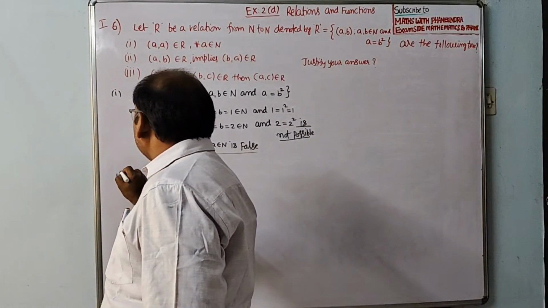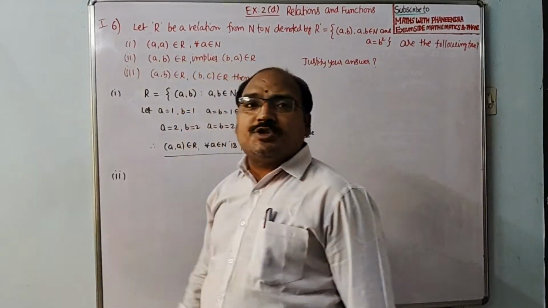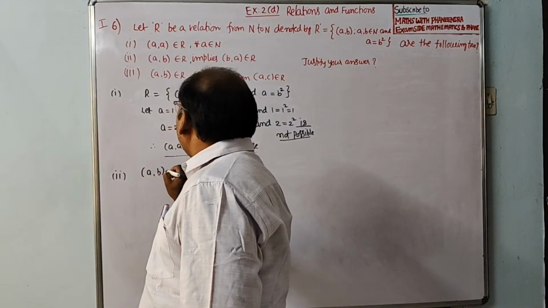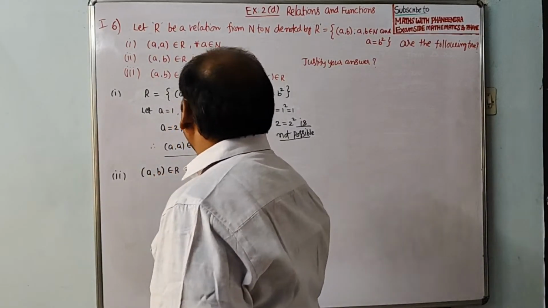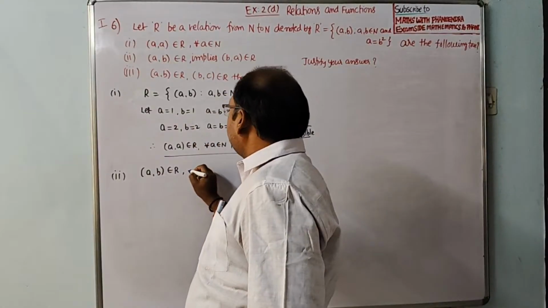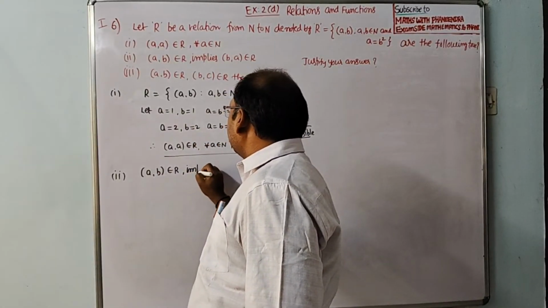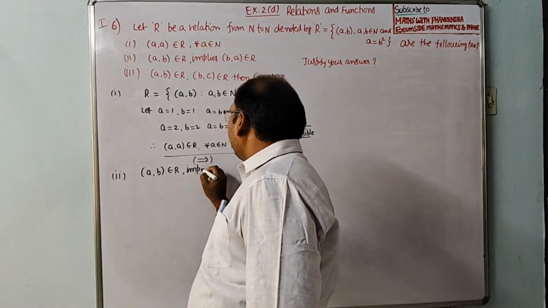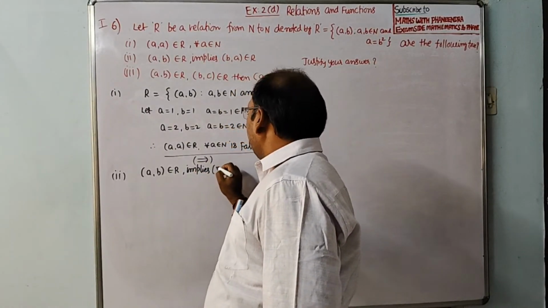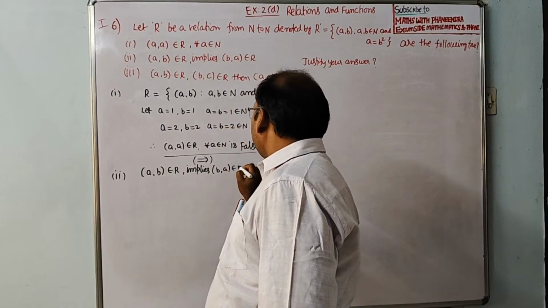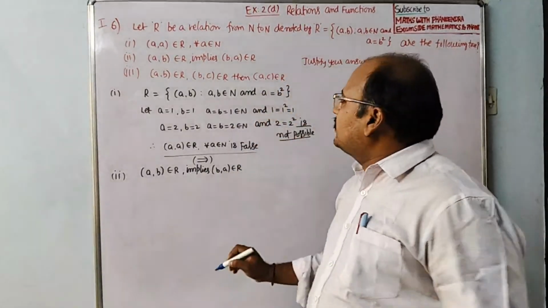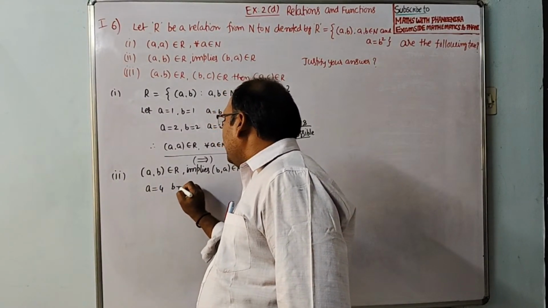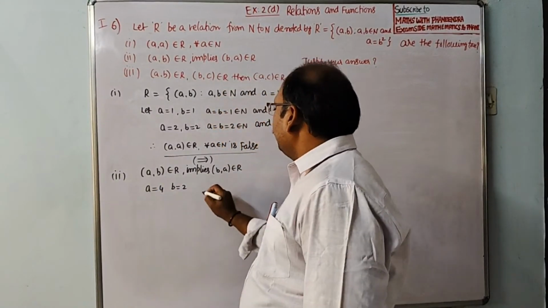Now come to question number 2. What is the second question? (a, b) belongs to R implies (b, a) belongs to R. For example, I am taking a equal to 4, b equal to 2.